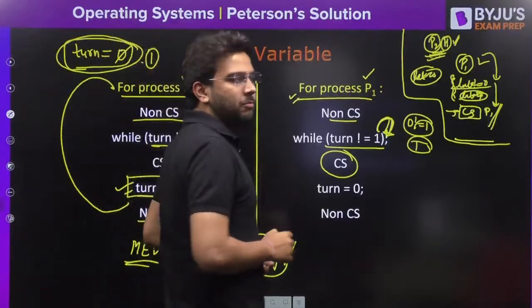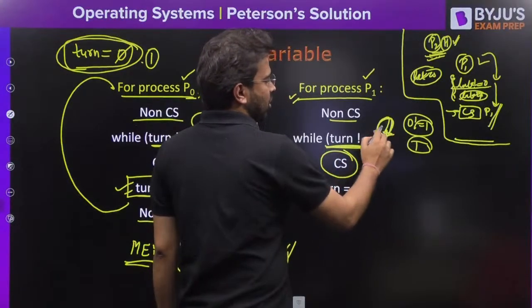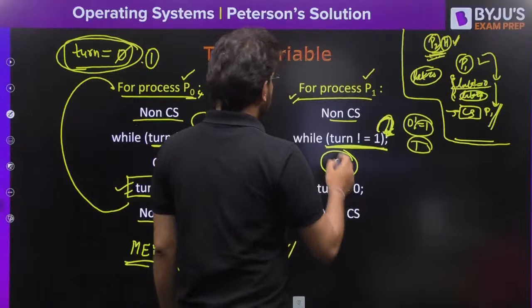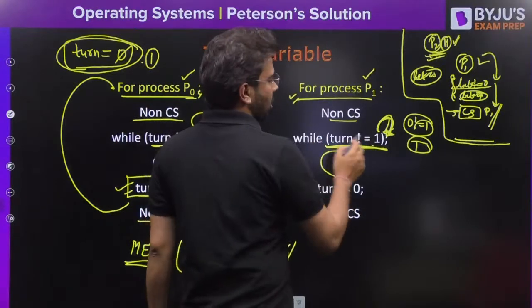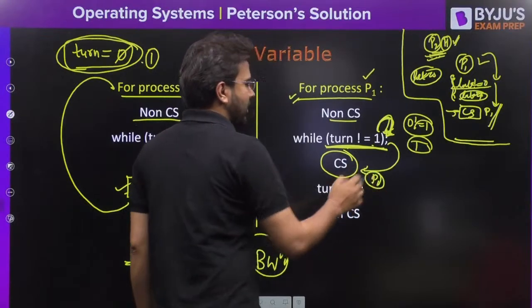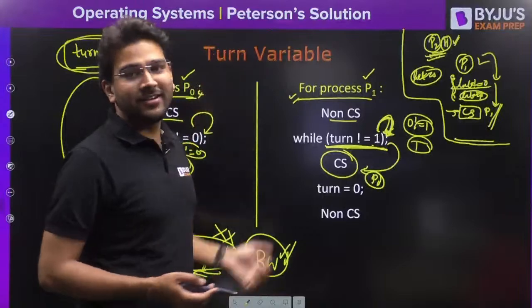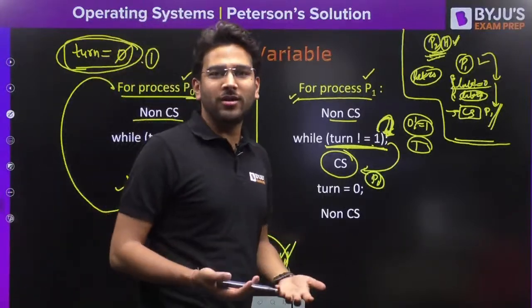Let's say the CPU is now allocated to P1. It will check this condition, because it was performing busy waiting here. Turn value is 1, and 1 is not equal to 1 becomes false. P1 will be able to access the critical section. So the turn variable is also a strict alternation method.